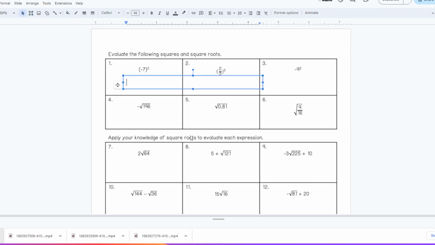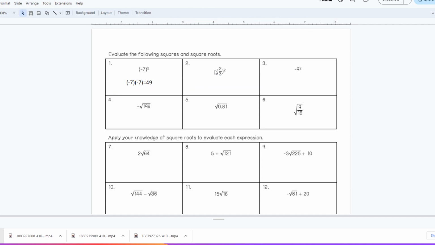So -7 squared, remember, if the negative sign is in the parentheses, we include it in both. So it becomes -7 times -7. And this equals 7 times 7 is 49. So -7 times -7 must also be 49. 2/3 squared.